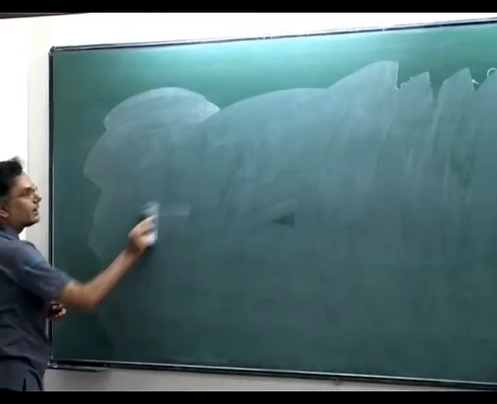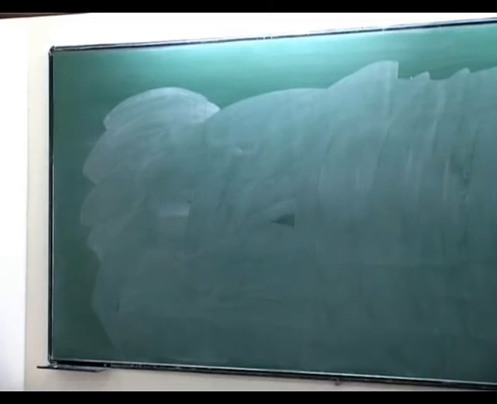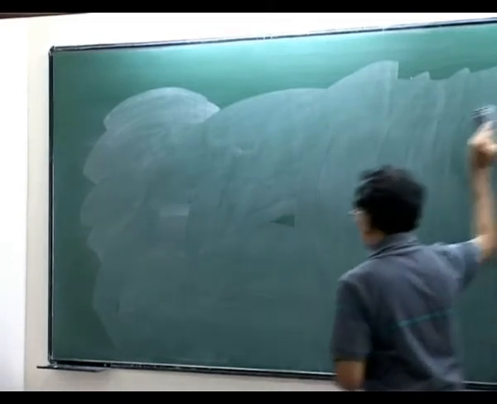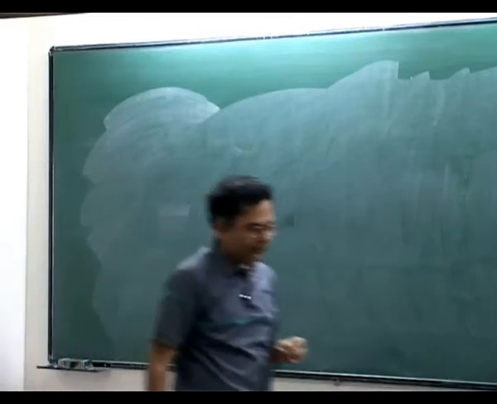What I want to do for the rest of the talk is to define what a planar algebra is. Now before I can define what a planar algebra is, I have to define an object called a planar tangle. So that's what I'm going to do.